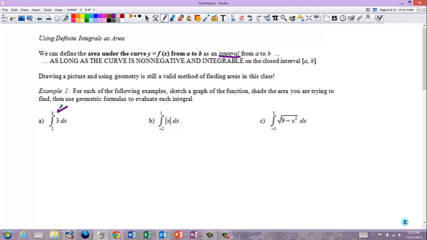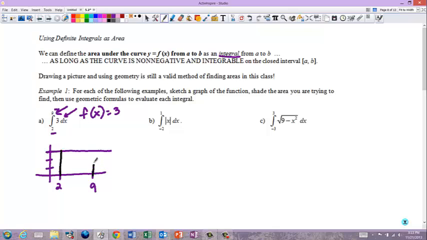So this is, I want to find the area under the curve from 2 to 9. I'm going to draw a picture. From 2 to 9, and my function, f of x, is equal to 3. So 1, 2, 3, it's just a line. Okay, so I want to find the area from 2 to 9.